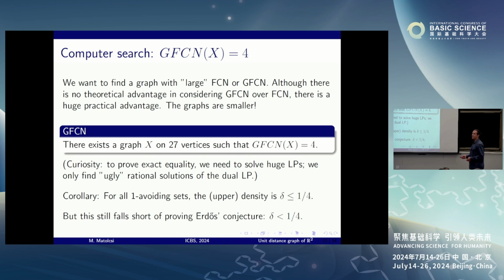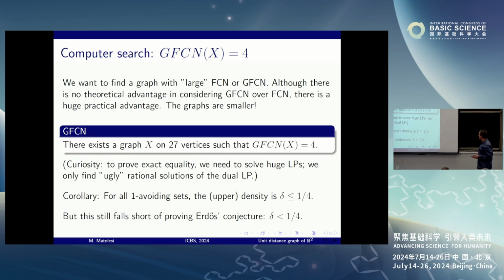Anyhow, let's have a corollary of this. Because we found this with exactly equal to 4, we all agreed before that this gives a witness that the upper density of any one avoiding set is less than or equal to 1 over 4, which is exactly this. This is the same as Erdős's conjecture, almost, except that Erdős's conjecture is strictly less than 1/4.